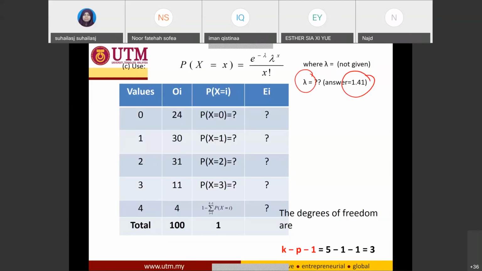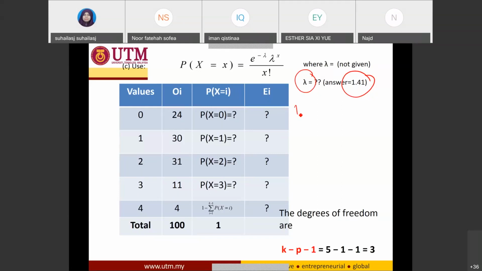Lambda is your average, the average value, or the mean. So that means the same way we compute an average. You already have your values or your outcomes, and you already have your observed frequency.